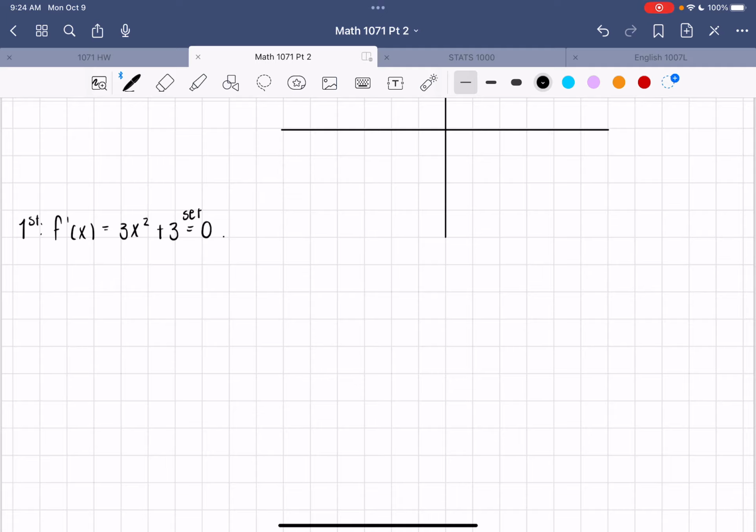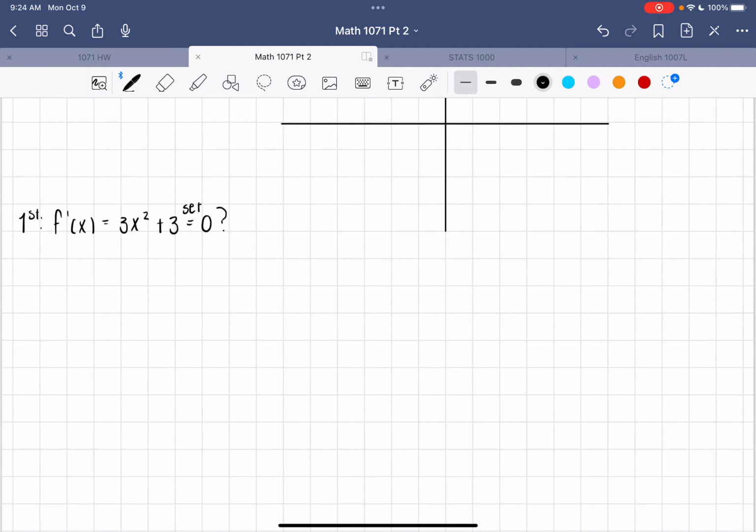So maybe you'd move the positive 3 to the right, and now you'd divide by 3. And you come with x squared equals negative 1. Oops. No x will do that, right? No number squared would be negative 1. And so there are no critical points.